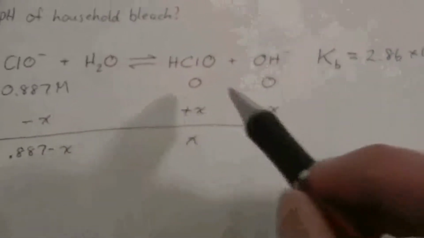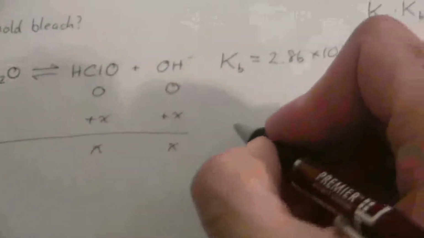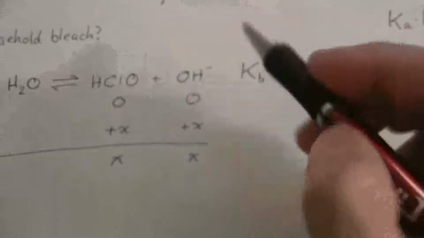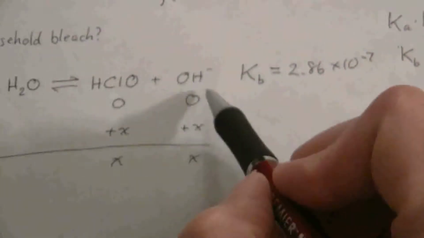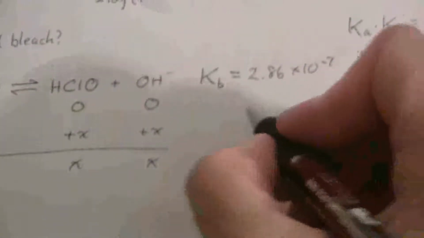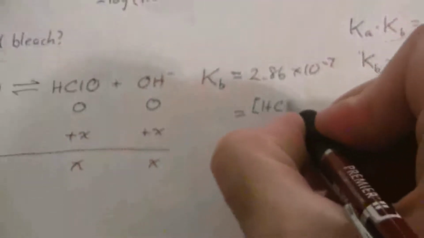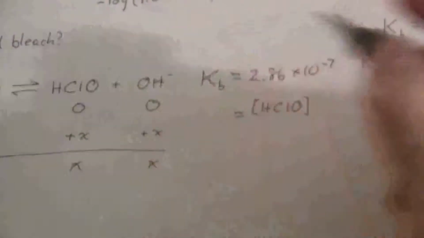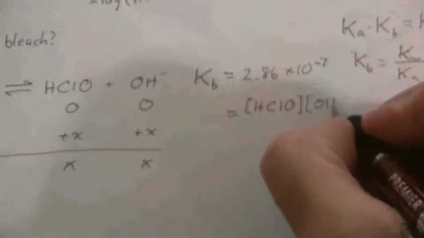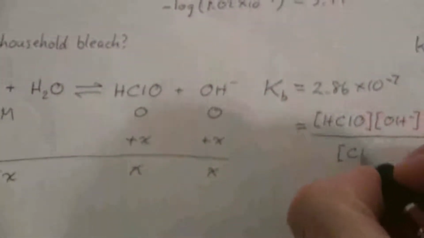Now we put these values into our Kb, much like we did before. This time, of course, we're going to find the hydroxide ion concentration and then find the pH based on that. The Kb symbolically is the concentration of the hypochlorous acid times the hydroxide ion concentration, the products, divided by the reactants, which is just the hypochlorite ion.